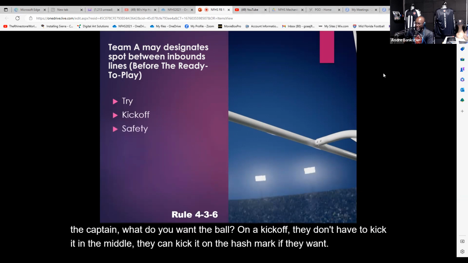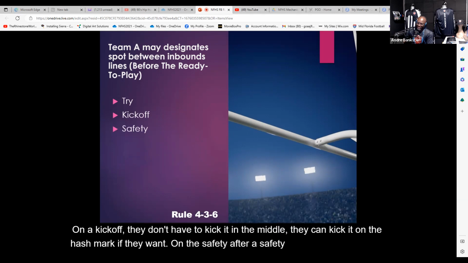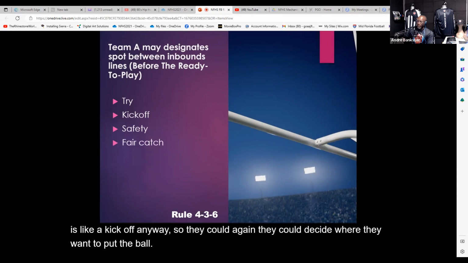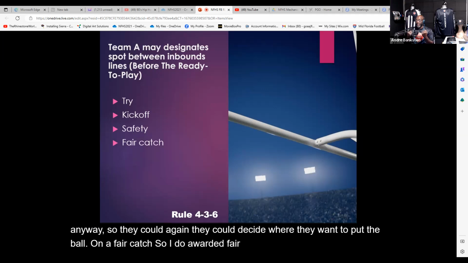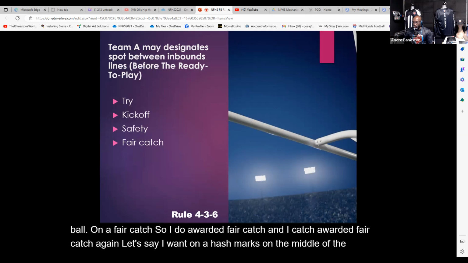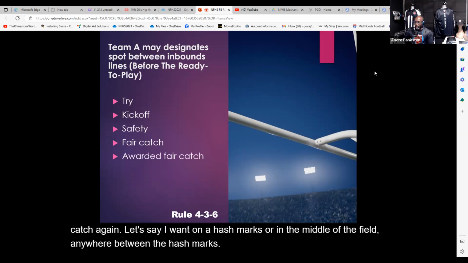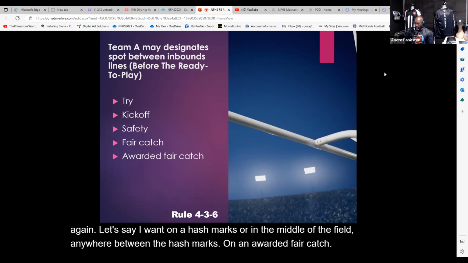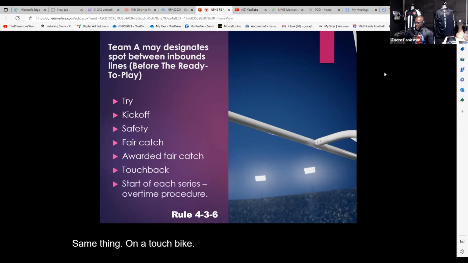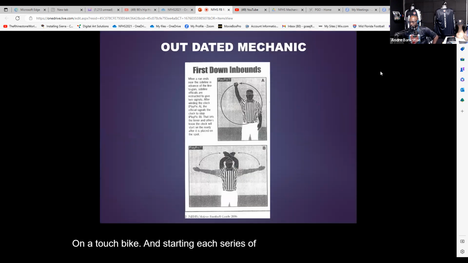After a safety, the team that's kicking is like a kickoff anyway, so they get to decide where they want to put the ball. On a fair catch, if I catch an awarded fair catch, I can say I want it on the hash marks, or in the middle of the field, anywhere between the hash marks. On an awarded fair catch, same thing. On a touchback, and starting each series of overtime procedures.